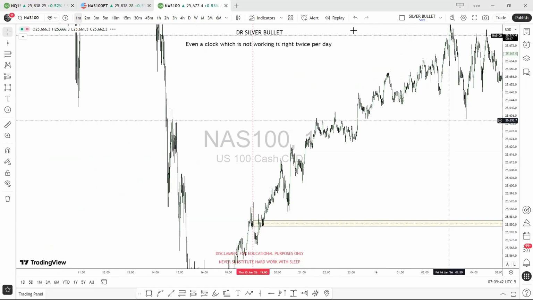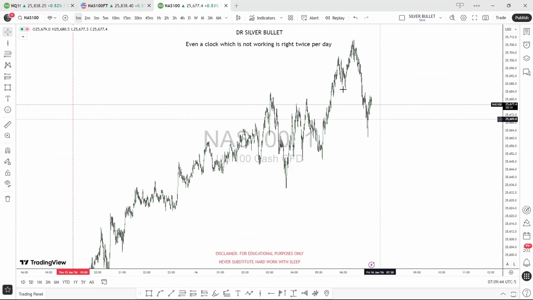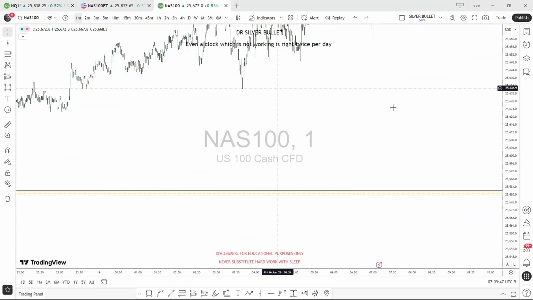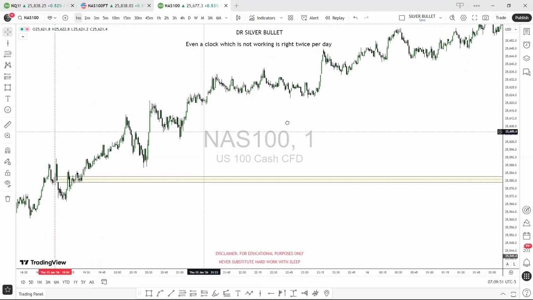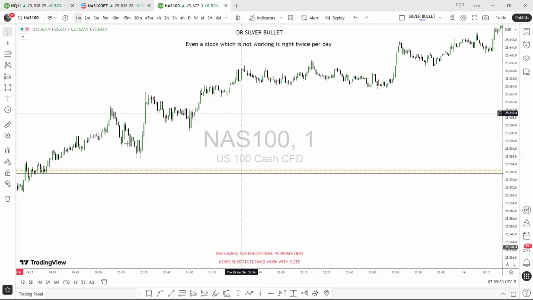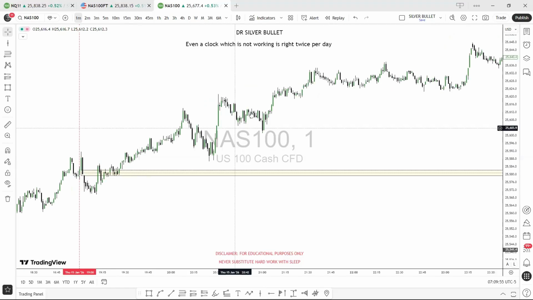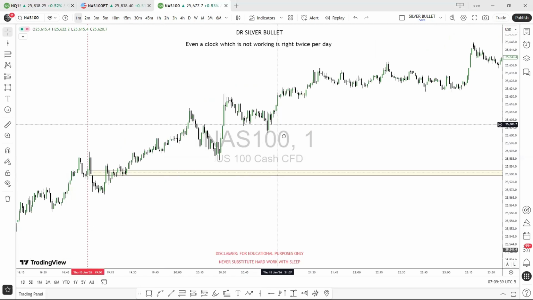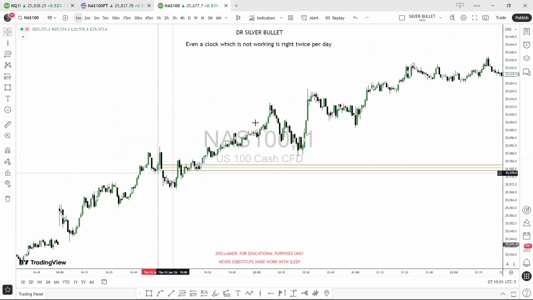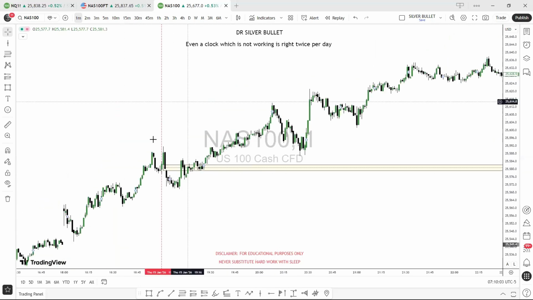As it is going right now, you'll be in profit if you have entered yesterday. You'll be in good profit. So, folks, as it stands right now, we are going to use the first presented fair value gap, as you can see.